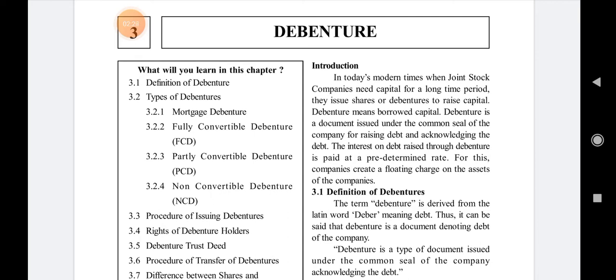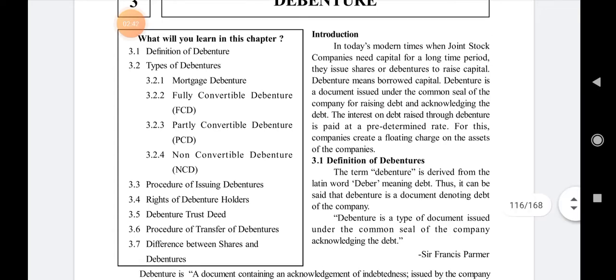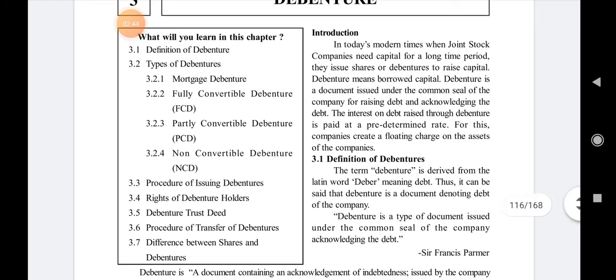See, whenever joint stock companies need more capital, they issue a debenture to get capital, and this capital may be required for a long period.